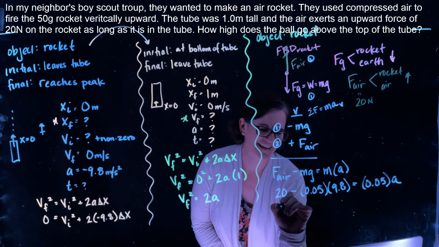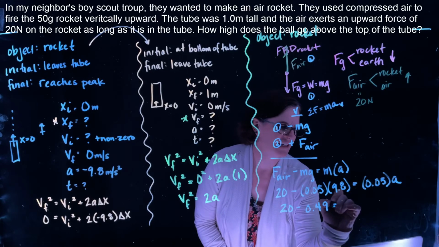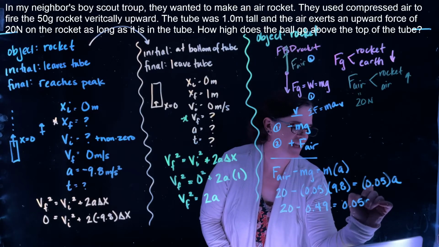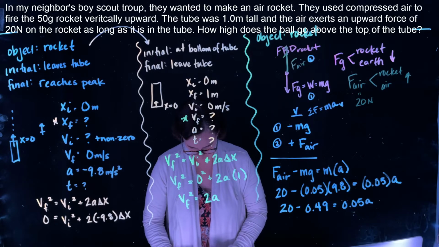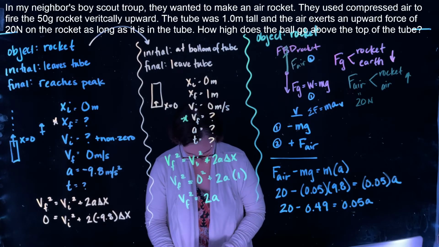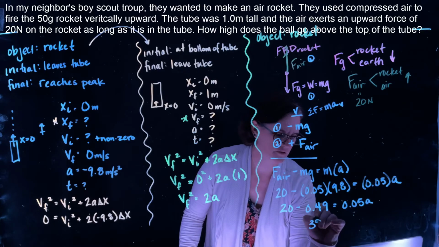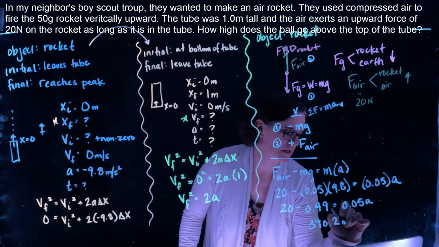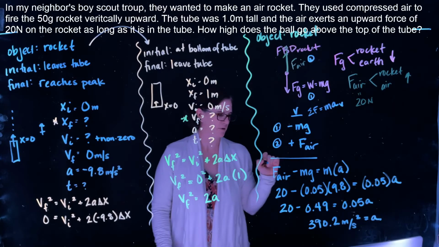We have 20 minus 0.49 is equal to 0.05a. So I subtract 0.49, divide by 0.05, and I get an acceleration of 390.2 meters per second squared.